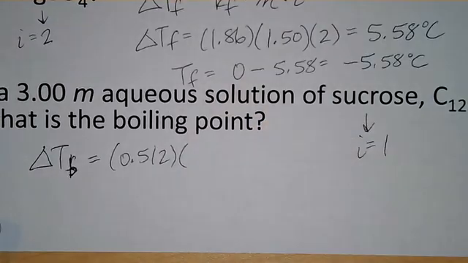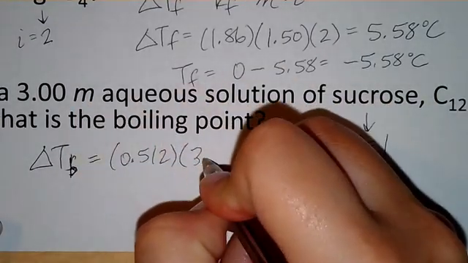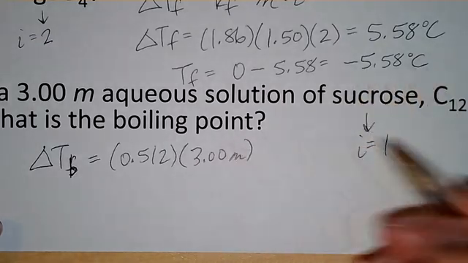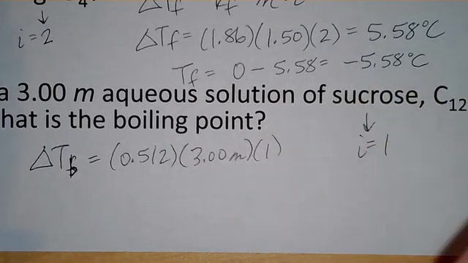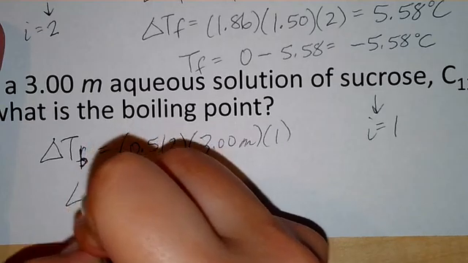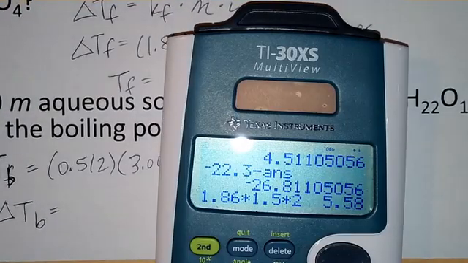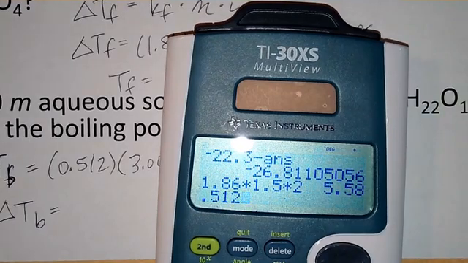Just make sure you know whether you have an electrolyte or non-electrolyte solution. All right, 0.512 times 3 times 1 is 1.536 degrees Celsius. So this is our change.